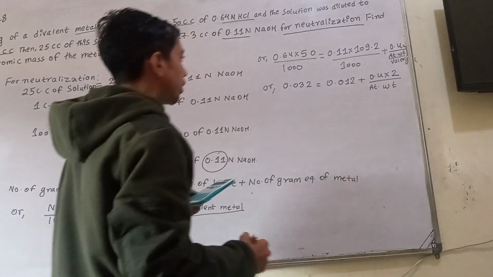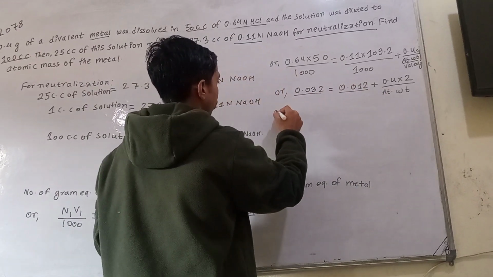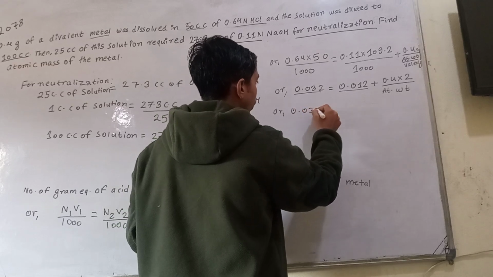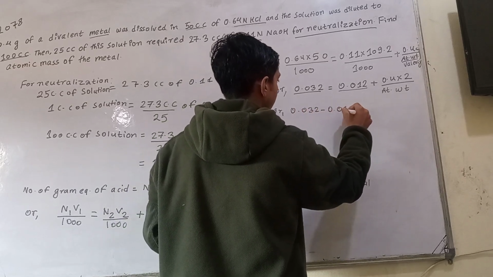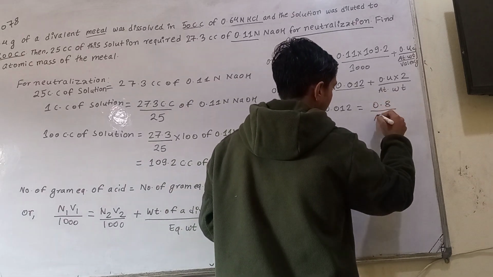So we need to gather the like terms: 0.032 minus 0.012 equals 0.8 upon atomic weight.